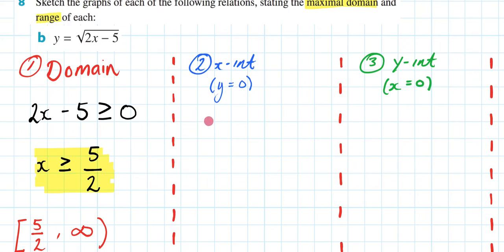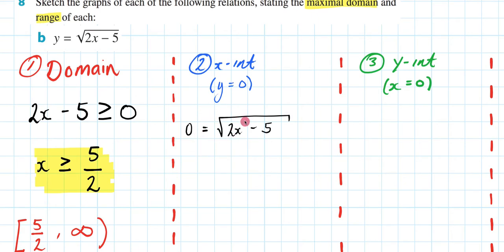Let's now find what my x-intercept will be. To find my x-intercept, I'm going to let y equal 0. So as you know, I have y equals the square root of 2x minus 5. I'm going to sub in 0 into my y spot. Then I'm going to rearrange.